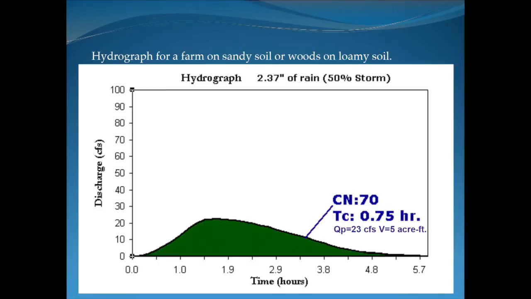So, curve number. I hope Don doesn't yell at me too much, but I think of curve number, and this is really not an exact way it was developed, as representing the surface runoff. A small curve number is a small amount of surface runoff.